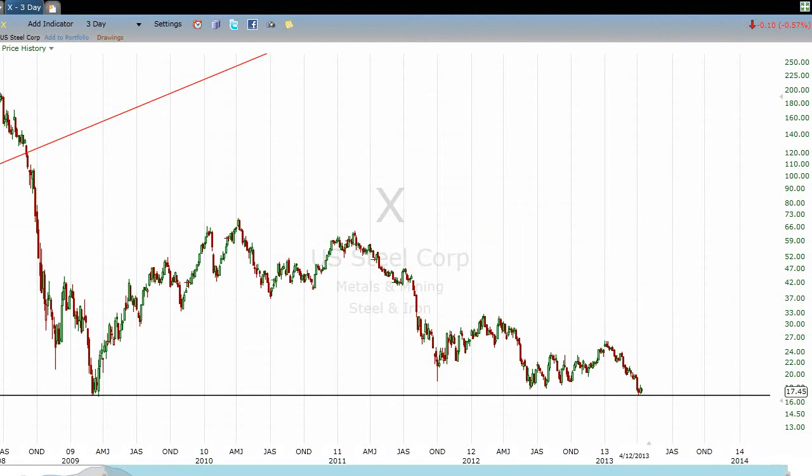Okay, we are now looking at a 3-day chart, and I want to show you a couple other little things that worked out pretty well in U.S. Steel. Now, I will show you one thing that did not work out, and I can't go into all the details here, but U.S. Steel had made an inverted head and shoulders pattern back in 2009 that almost exactly mirrored the inverted head and shoulders pattern in the S&P 500.